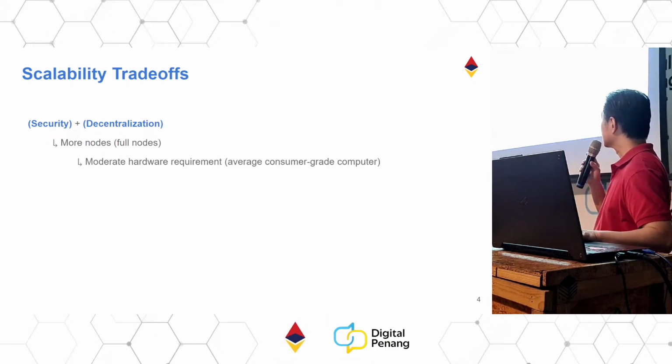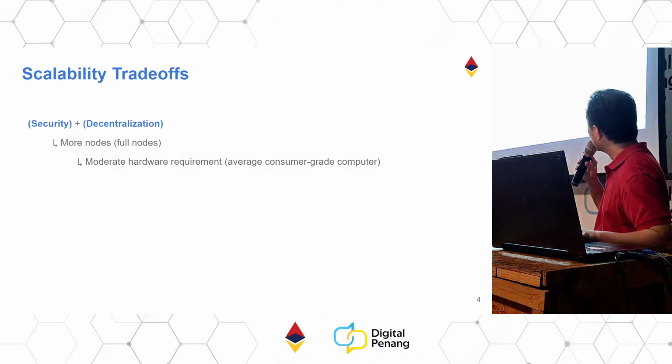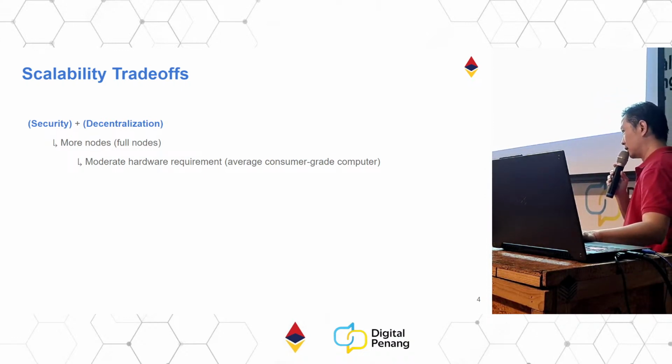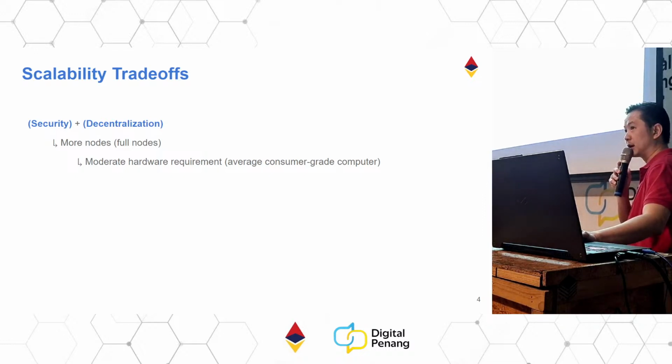decentralization encourages security. So when you want to encourage more nodes, you will have to make some choice where the validators cannot have very high-end hardware when they do the validation, right?